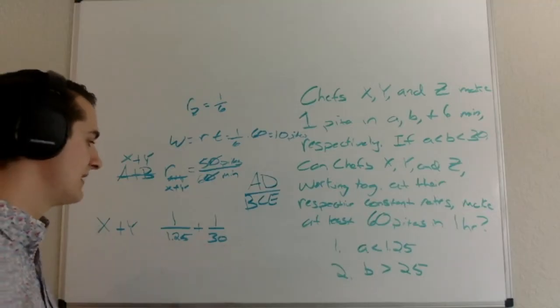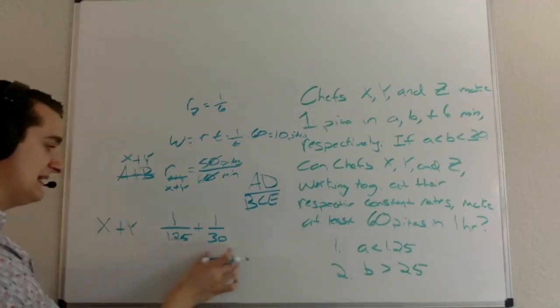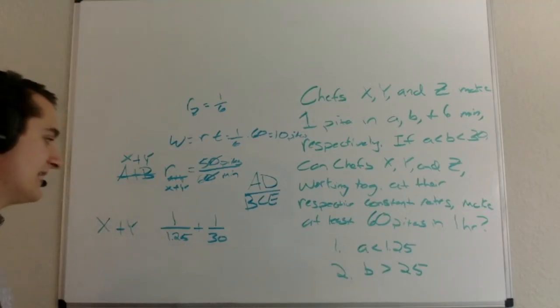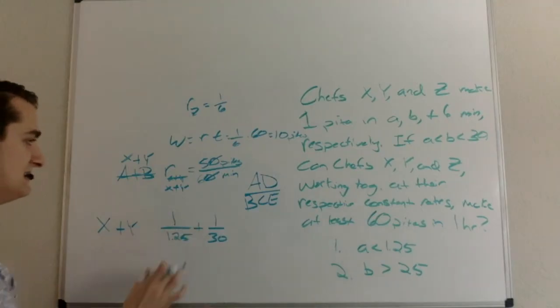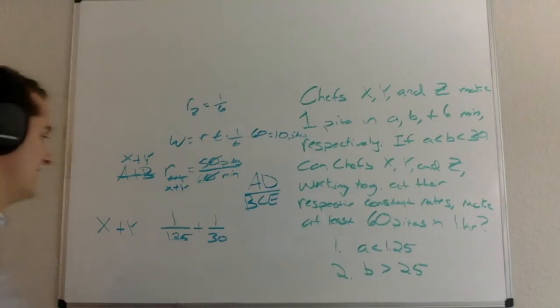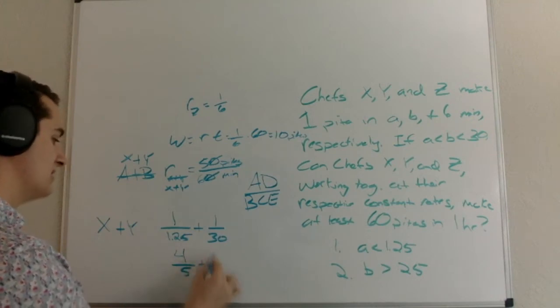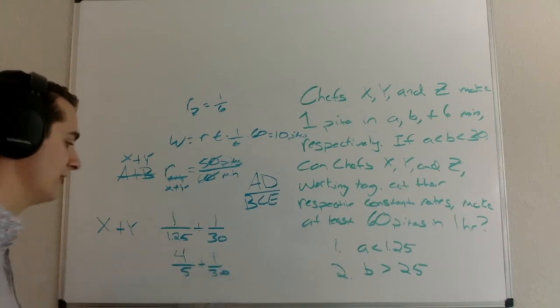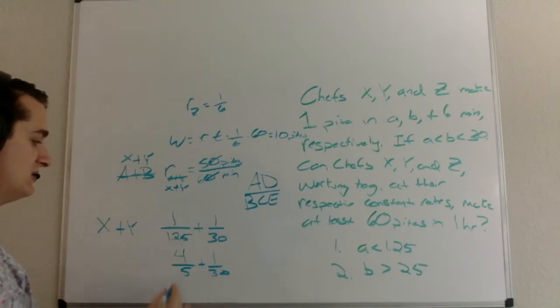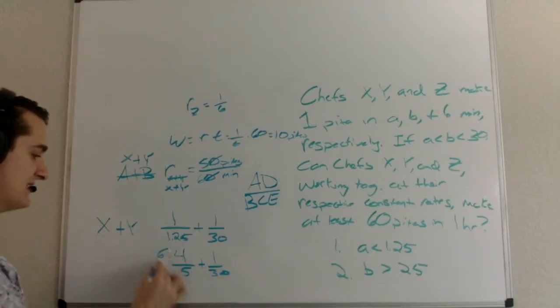Same thing with the rate of B. So I know that at least these two rates together, basically what I'm told is that at least the rate of, so 1/1.25 is going to be a rate of 4/5 plus 1/30. When I start to combine these two together, of course, I'm just going to multiply this by 6/6.